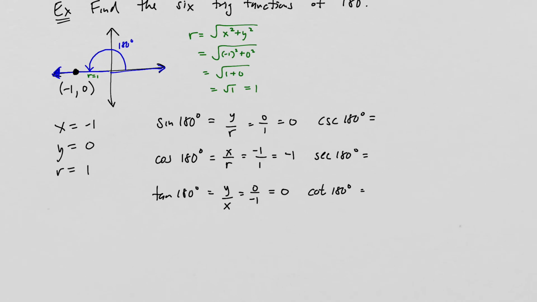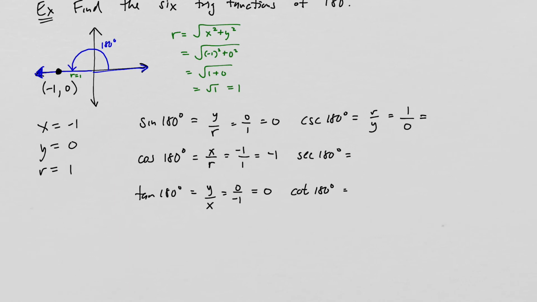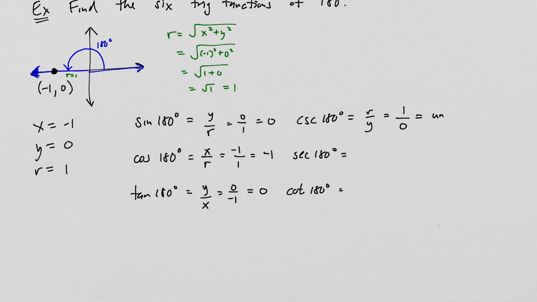And then for cosecant, cosecant is r divided by y. R is 1, y is 0. Now you need to remember, you cannot divide by 0. So anytime we divide by 0, we have to say that this is undefined. Secant of 180, secant would be r divided by x, which in this case is 1 divided by negative 1, which is negative 1.